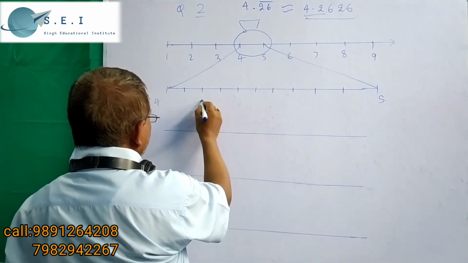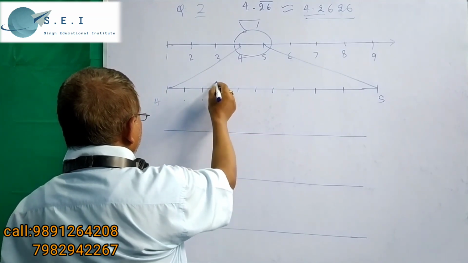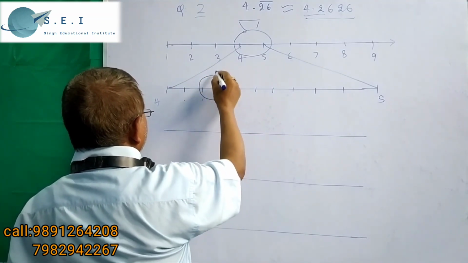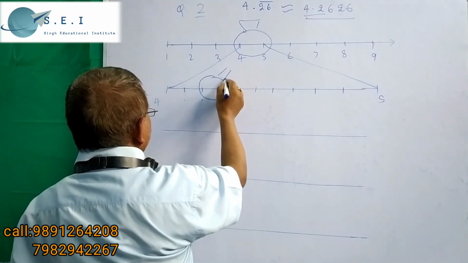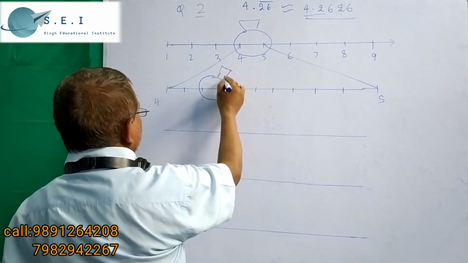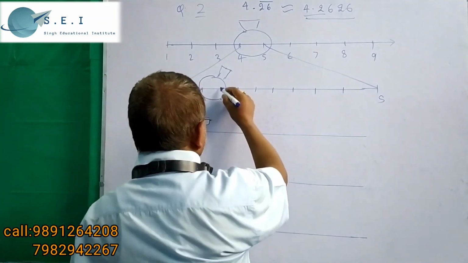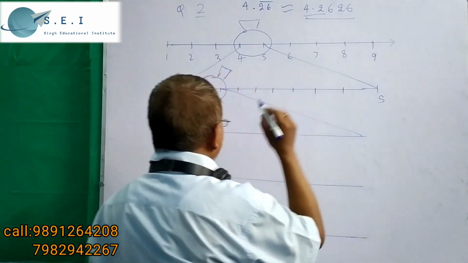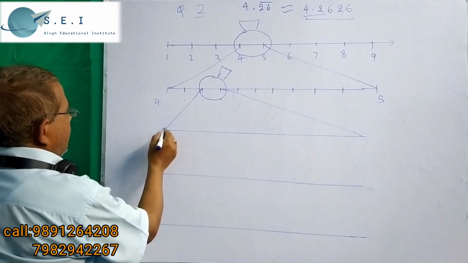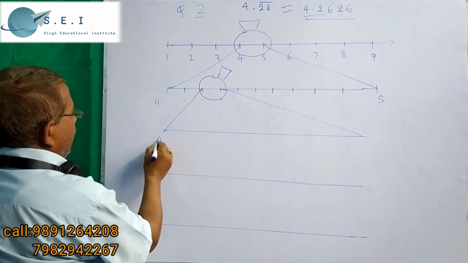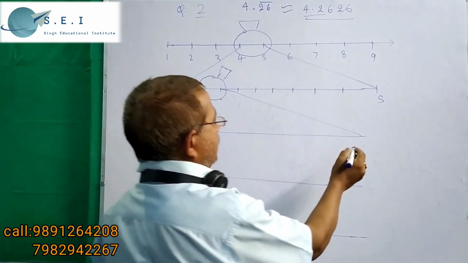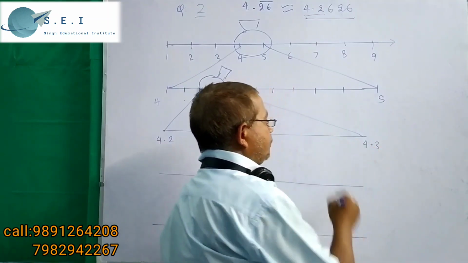This is 4.2. This is 4.3. So magnify this interval in a wider range. This point is 4.2, and this is 4.3.